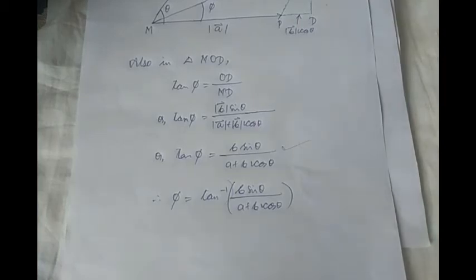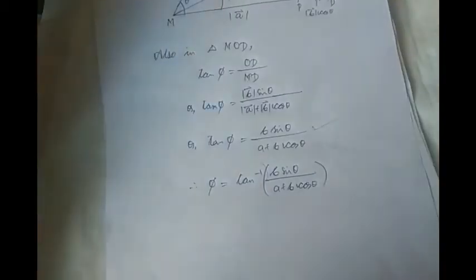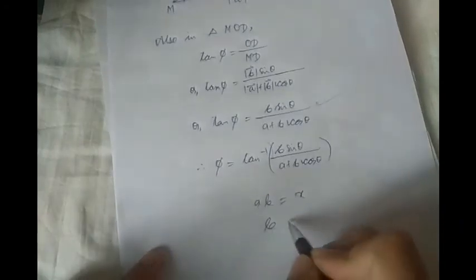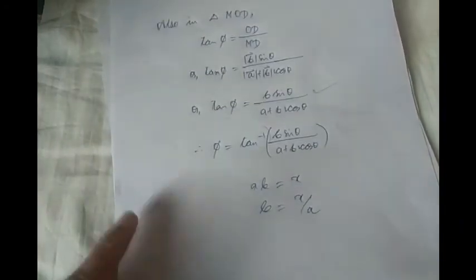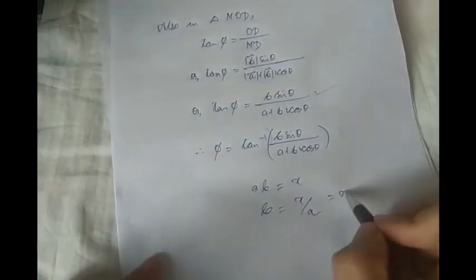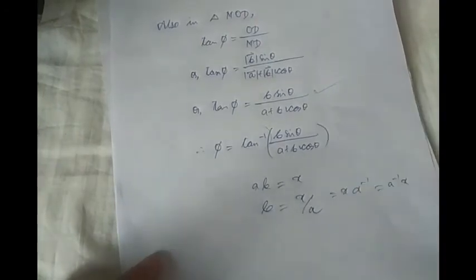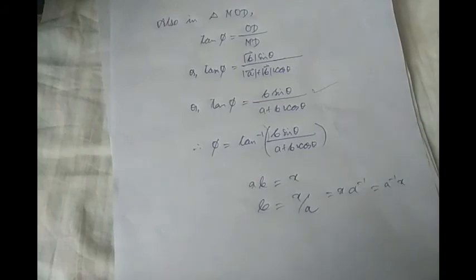It's something like this. Say, for example, AB is x. I can write B is x upon A. So this can also be written as x A inverse, or A inverse x.